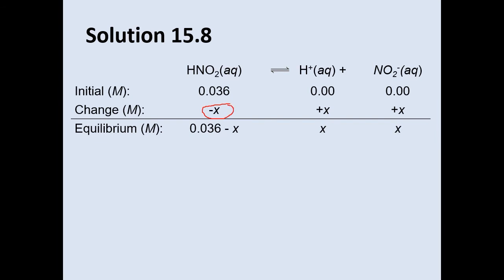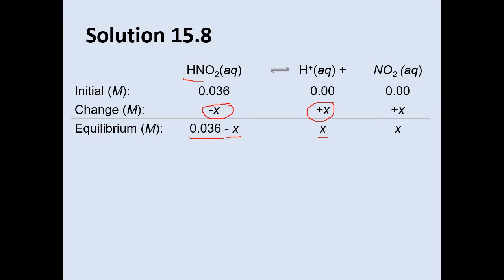So arbitrarily, we just consider that X amount has been dissociated, and since it's a monoprotic acid, the exact same amount of hydrogen ion and nitrous ion will be produced as well. At equilibrium, here they are getting added up, because at the initial it was 0.00, so the balance is X only.